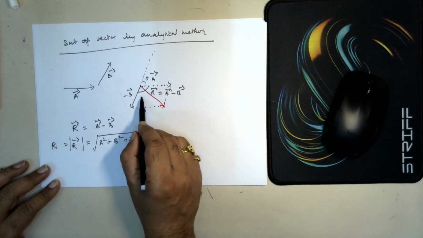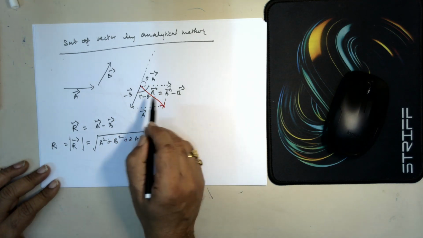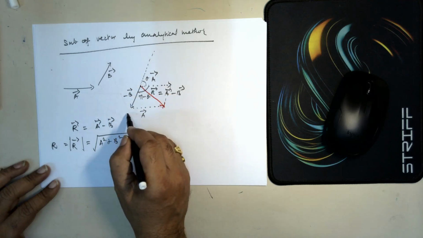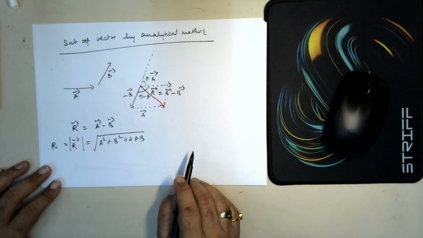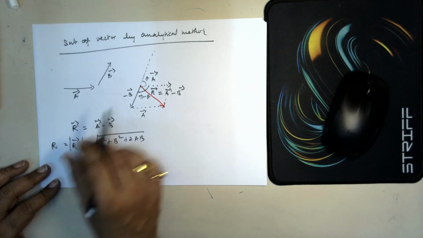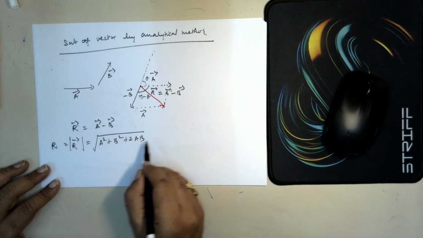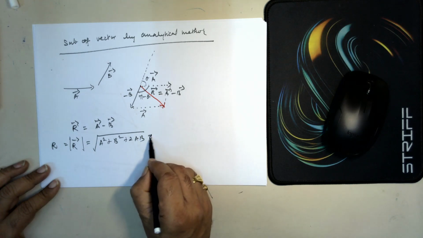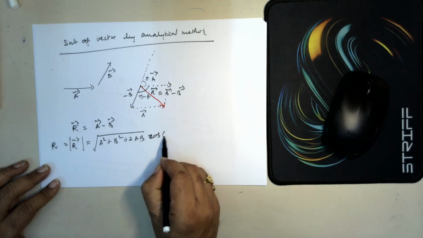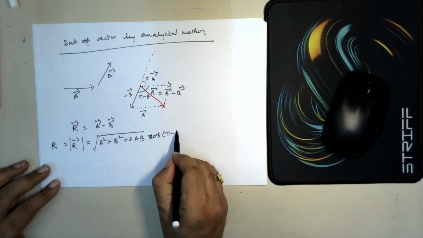And what about this angle? This is pi minus theta. Why? Because pi is 180 degrees, and that's why I put pi minus theta, right? 180 minus theta. So we need to consider that one. So that is cos of pi minus theta.